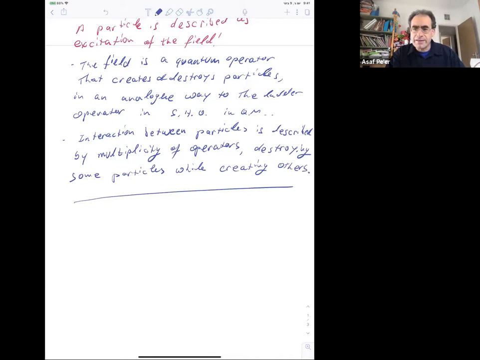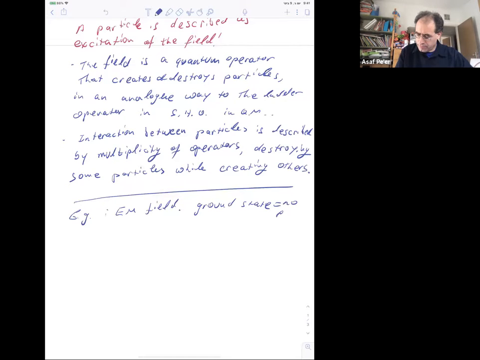The second excited state means there are two photons, etc. So: ground state, no photons; first excited state, one photon; second excited state, two photons, etc.